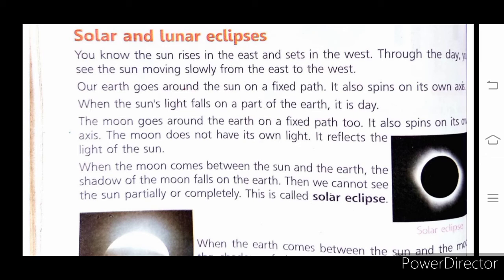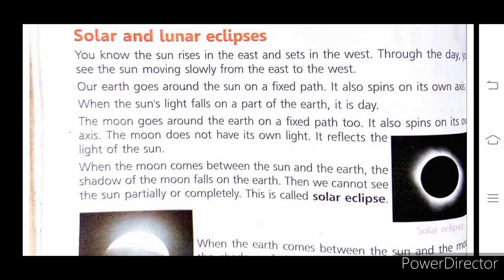Then we cannot see the sun partially or completely. This is called solar eclipse.